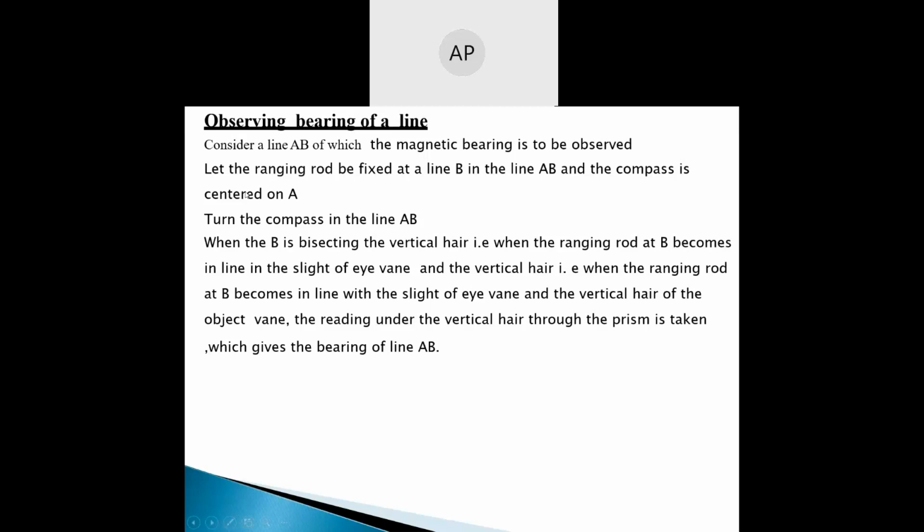Then what you have to do, let the ranging rod be fixed at B. Let me draw. Suppose AB is the line, you have to find the angle between A and B.